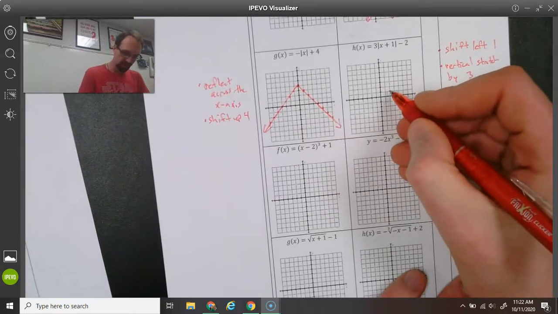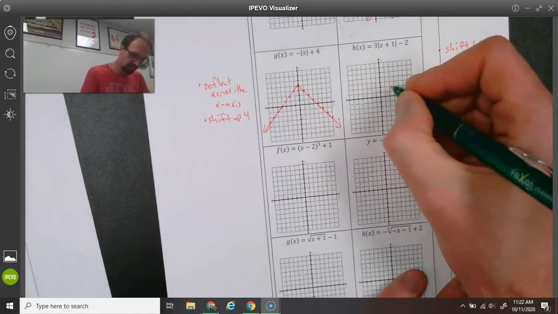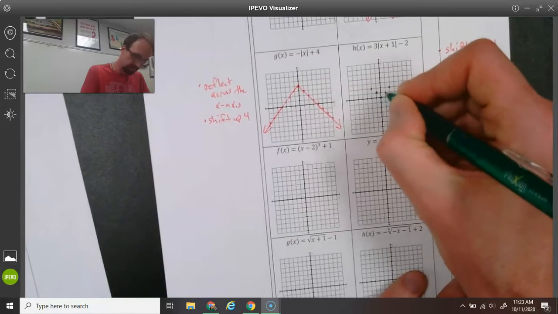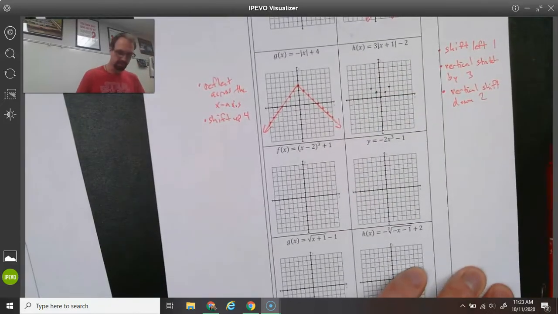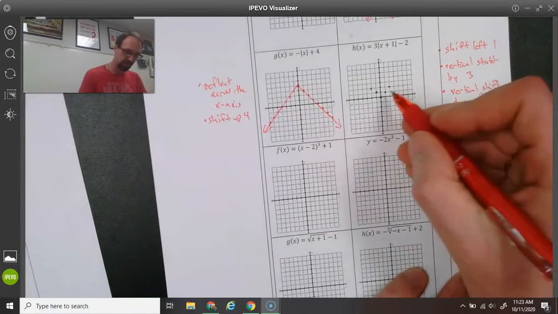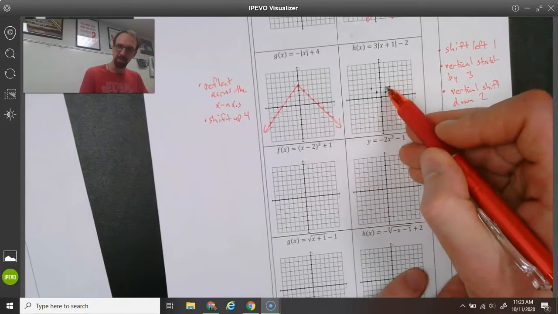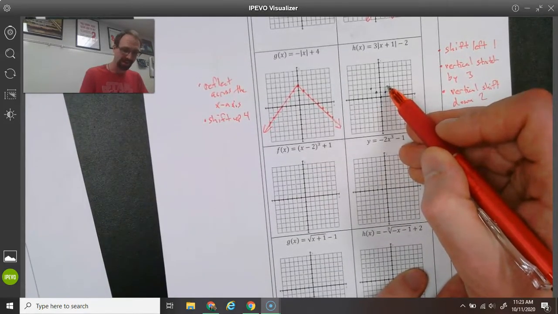I'm going to actually pick a few values to use for this to show. So just these 5. So negative 2, or sorry, 2, shift left 1. Vertical stretch by 3 means that it's already 2 units up, so if I multiply 2 by 3, I get 6.